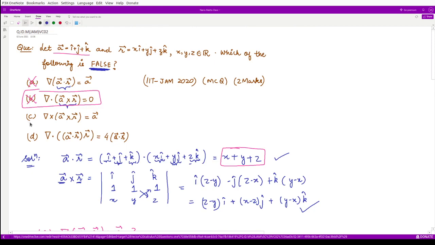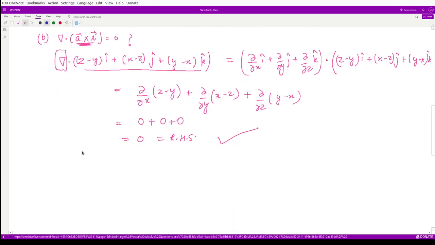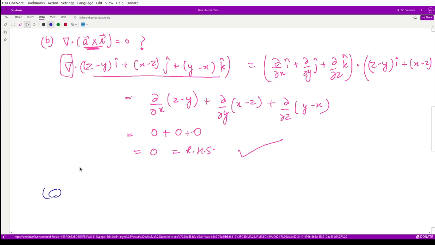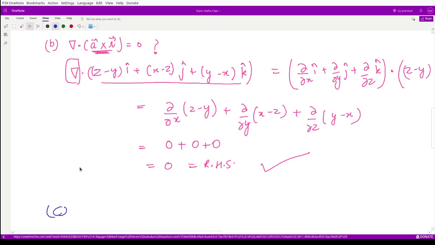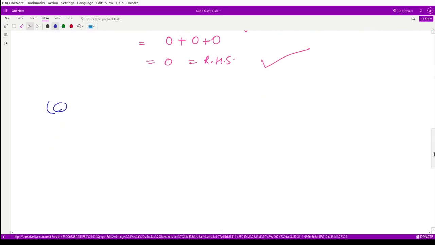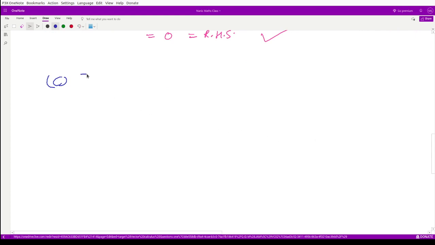So let's see option C. For option C, we are to check whether del cross A cross R is equal to vector A, whether this is true or not. So we have to check that del cross vector A cross vector R is equal to vector A or not. So we have already calculated this quantity. What is this?